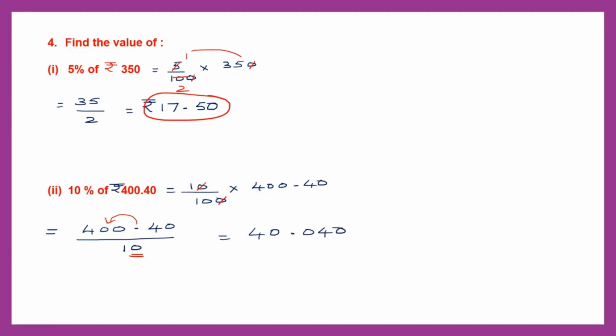But remember, when you write rupees and paisa, after the decimal point, there should be only 2 digits. So we'll remove the 0 and put only the 2 digits. So this 0 is taken off. So now what do we have? 40.04. And because it's rupees and paisa, we have to put the unit rupees. 40.04.